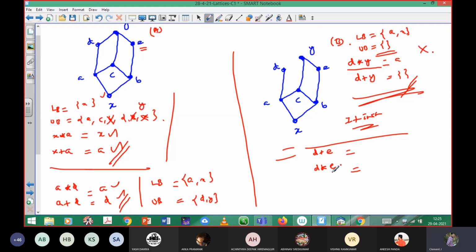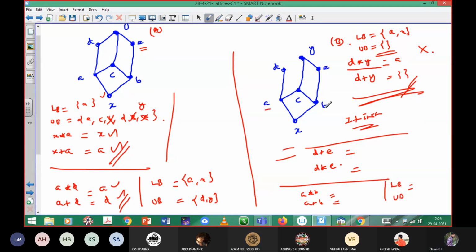For A and B, wouldn't Y be the LUB? For what pair are you asking me to check? A and B. Okay, let us pick A star B and then A plus B. What is the lower bound of that?